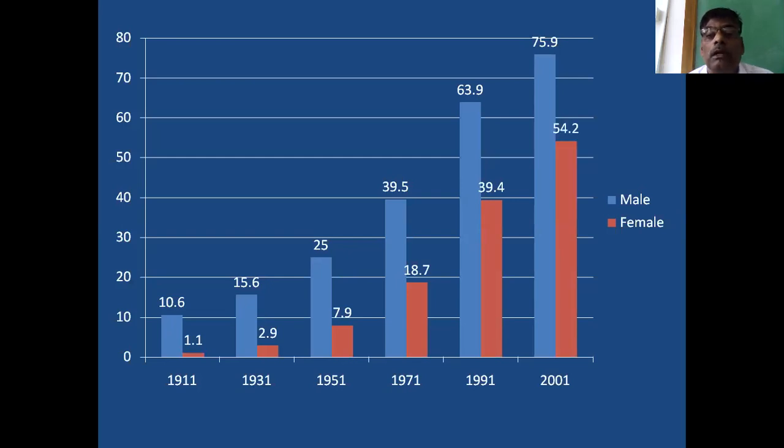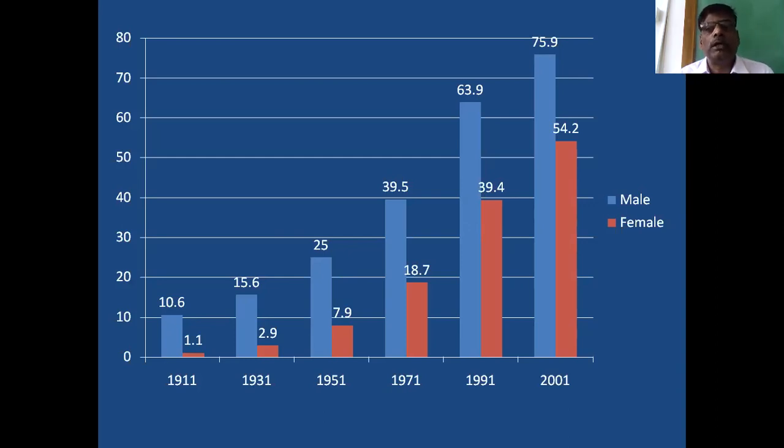Then 2001, it is 54.2%. In this way, you make this set of data: one year, one set. Therefore, there are six years, six sets of information shown in the multiple bar diagram. This is one type of explaining the statistical data.